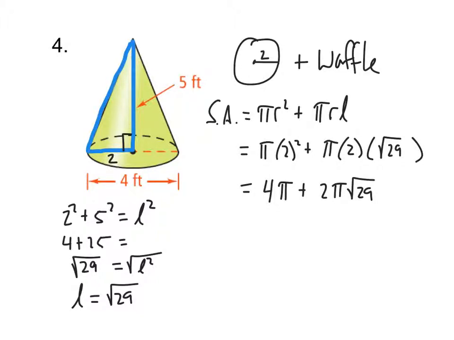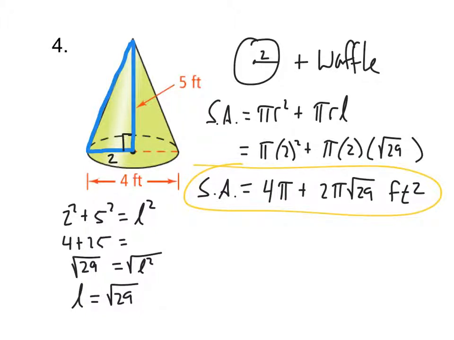I can't add the 4 and the 2, even though they both have pi next to them, because 2 pi is also multiplied by the square root of 29. So before I add, I have to do all that multiplication. And so this is as far as I can make it. If they asked for an exact answer, this is my exact answer, because I can't simplify it any farther.